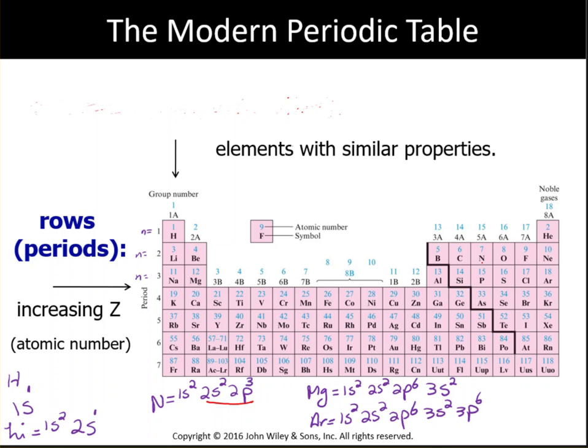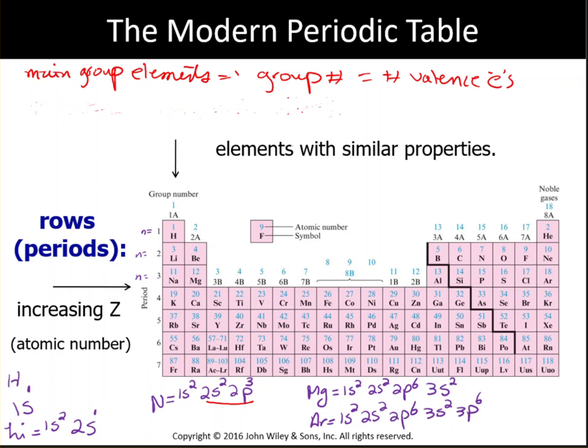And nitrogen is in period 2, so the period number gives you the valence shell of each element. The number of valence electrons for nitrogen is 5, and nitrogen is in group 5. So the group number, and it is only for main group elements, equals the number of valence electrons.